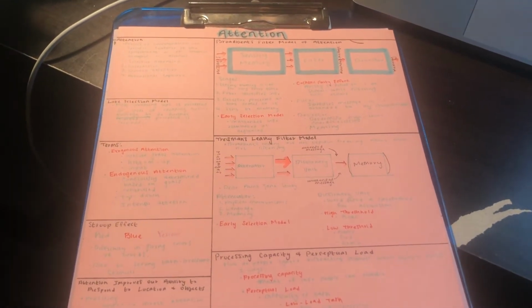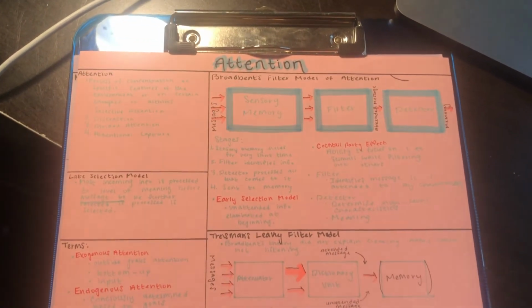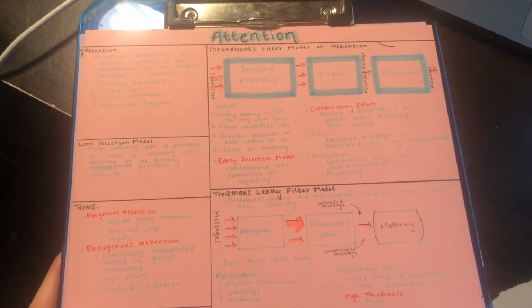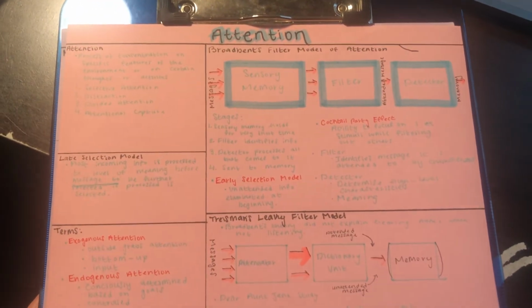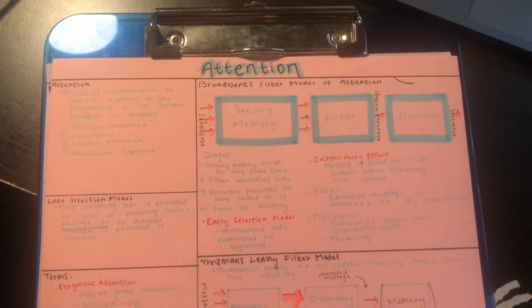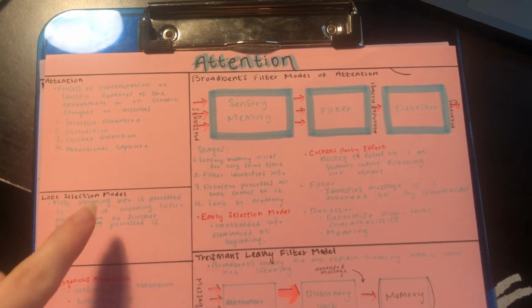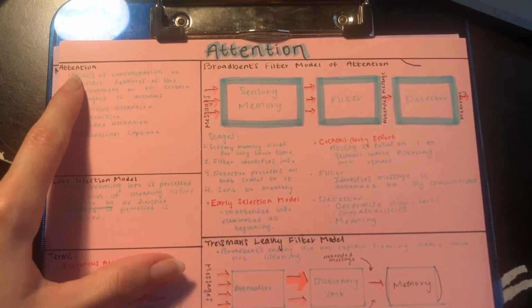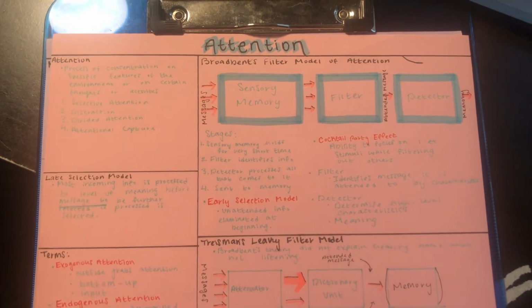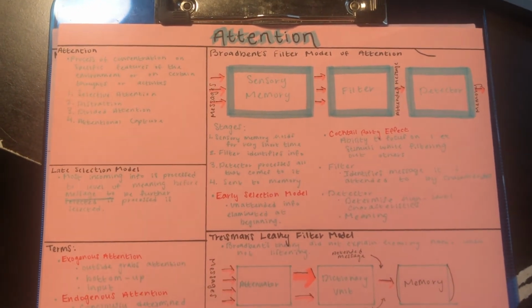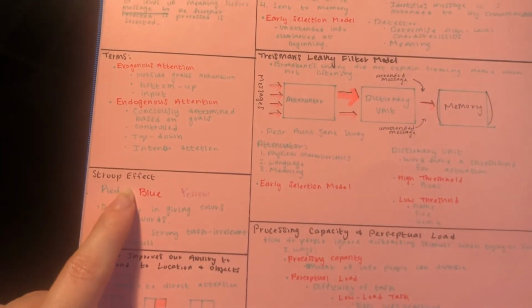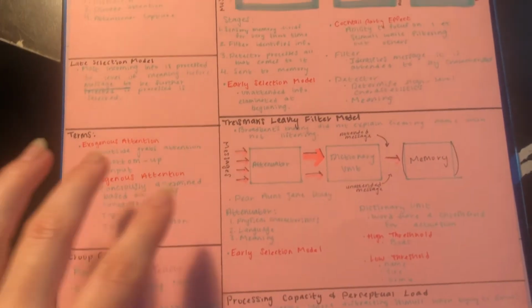Okay, so here I'm just going to show you guys one that I have made in the past, and so this was one on attention I did for a class, and as you can see, I took the time to create a little box for each little section, right? So here, this is actually the Stroop effect that we talked about in class.